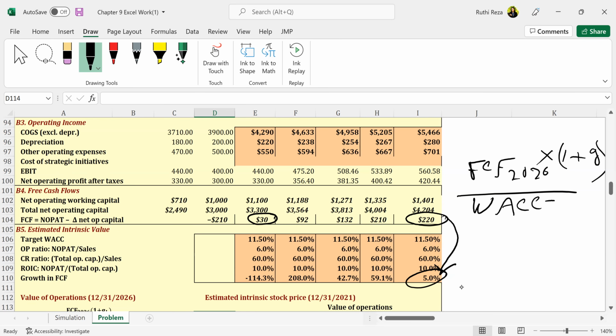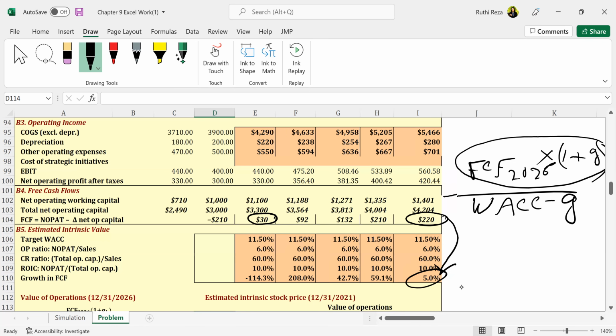So here your denominator is the difference between weighted average cost of capital and the terminal growth rate. Now here, remember, you are using free cash flow to the firm in the year 2027. How do you get it? You are growing free cash flow to the firm in the year 2026 by the terminal growth rate, then you get a free cash flow to the firm in the year 2027.